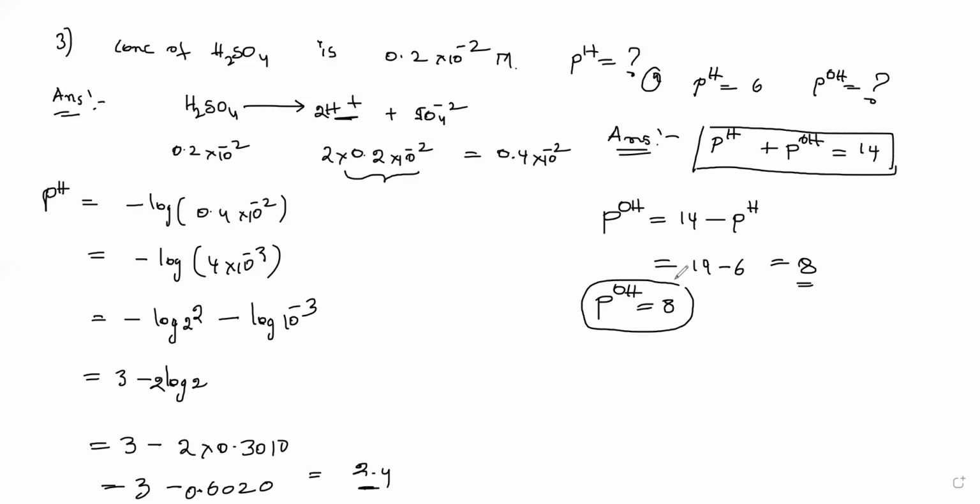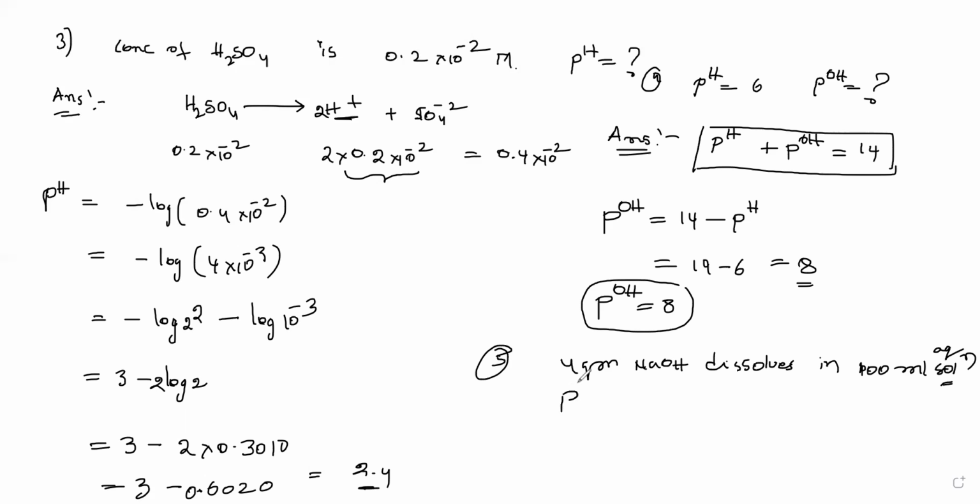And like this, we can calculate a number of problems. The last problem is based on this. Here we are taking 4 grams of NaOH dissolved in 100 ml of aqueous solution.